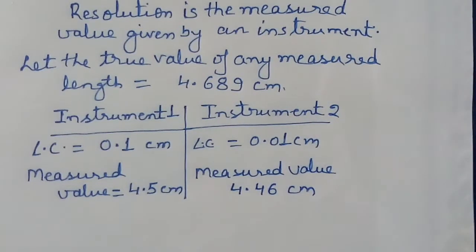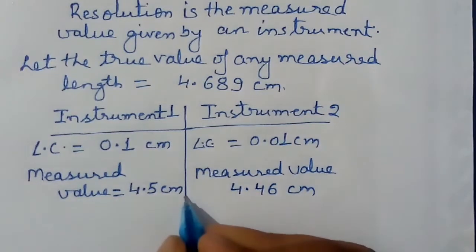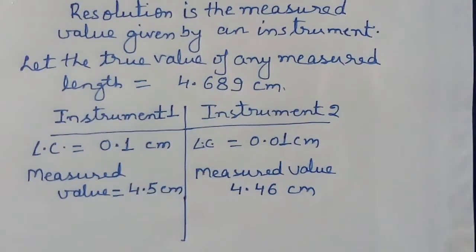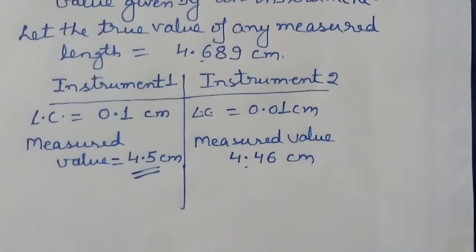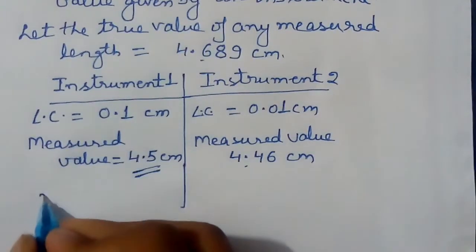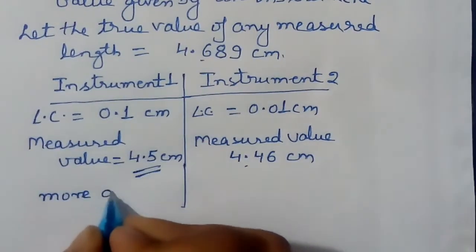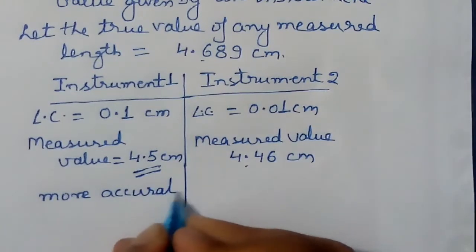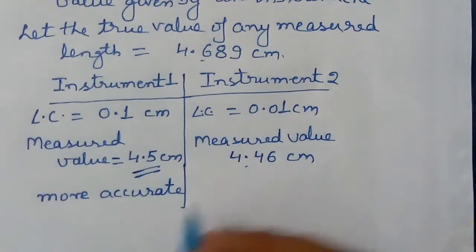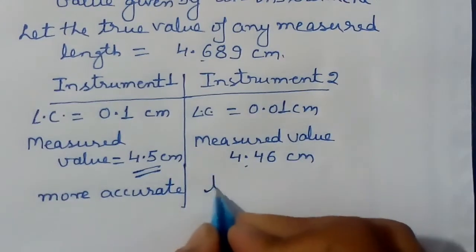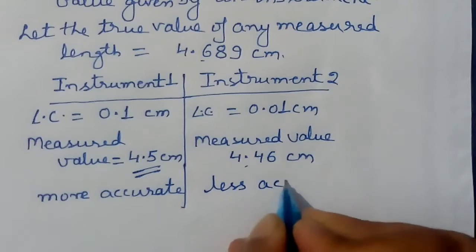Okay, now it is clear that the value of instrument 1, 4.5, is close to the actual value 4.689, and the value measured by instrument 2 is not as close. So we can say instrument 1 is more accurate, or its accuracy is greater than instrument 2, which has less accuracy.